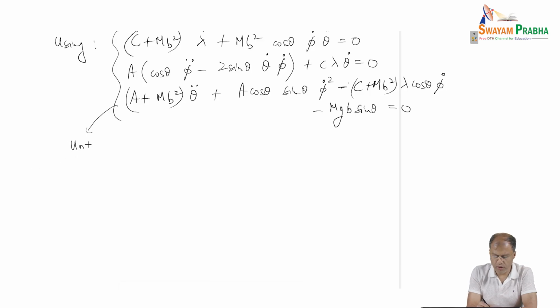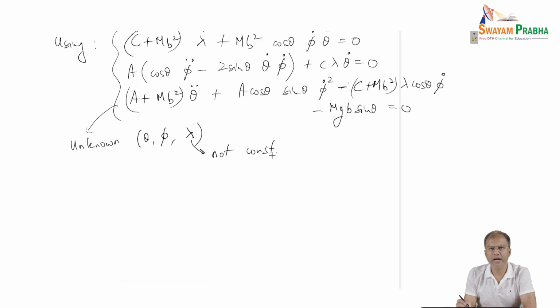Now the unknowns in this set of three equations are theta, phi and the spin component lambda. And why is lambda an unknown? Because typically lambda is not a constant; readers will see that in general it is a function of time.